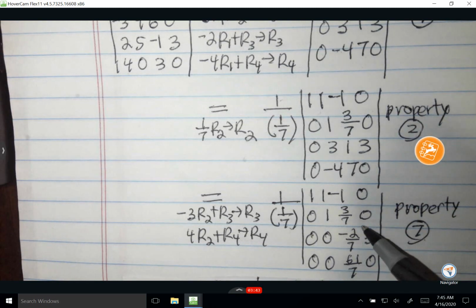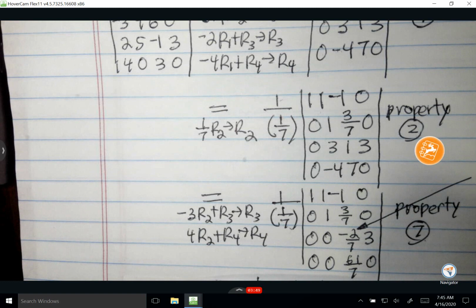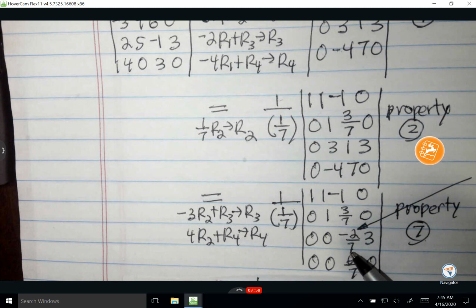Next, we need to make this a 1, and zeros below it. So you've got to multiply it by minus 7 over 2. But that does change this number by property 2. That new matrix would be minus 7 over 2 times the determinant of the old one.